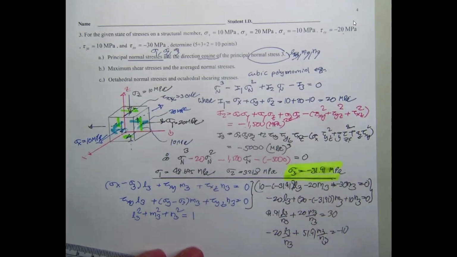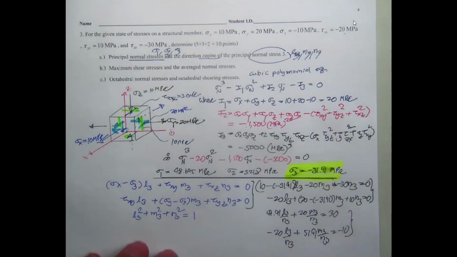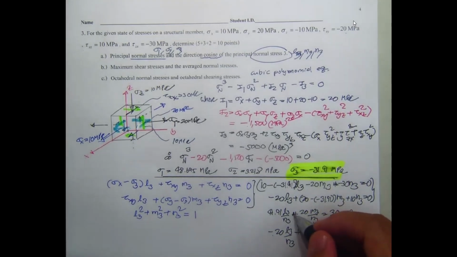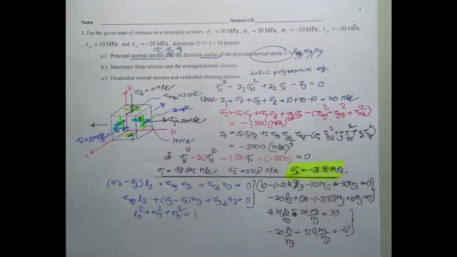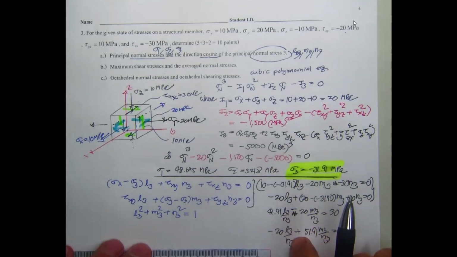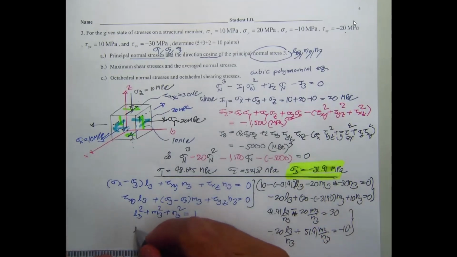You may solve it for the result. After you solve these two equations, you will get the ratio of L3 over N3, and then later you put it over here. You will get L3 equal to 0.605.